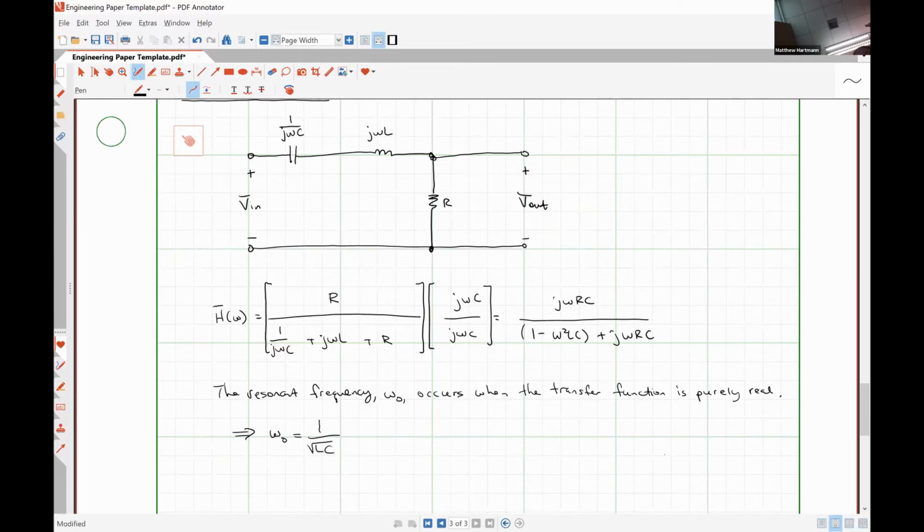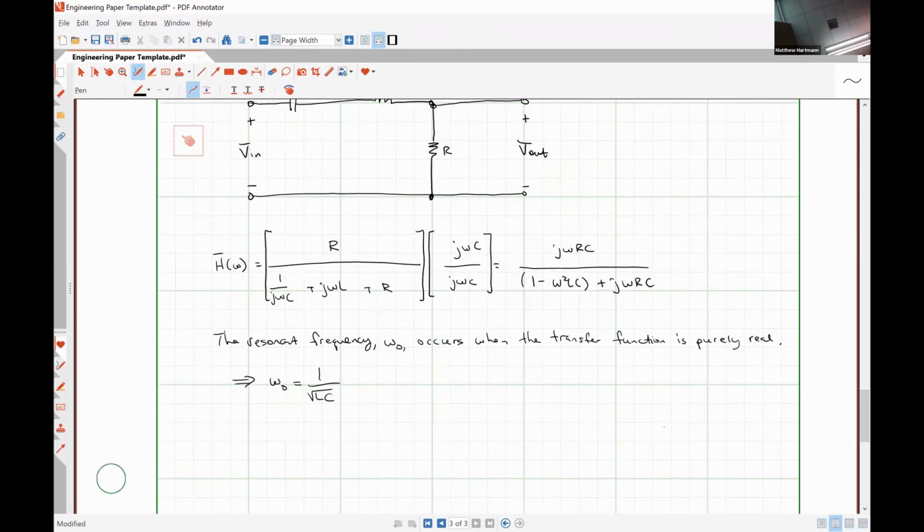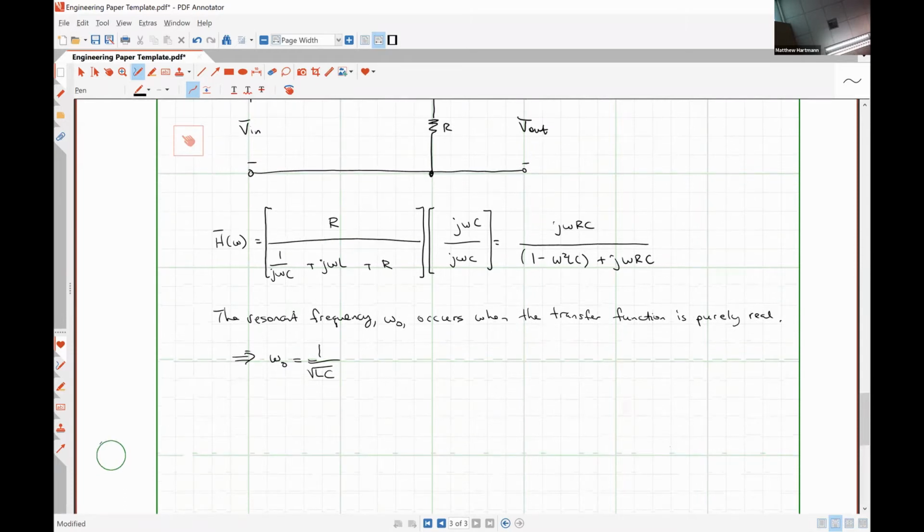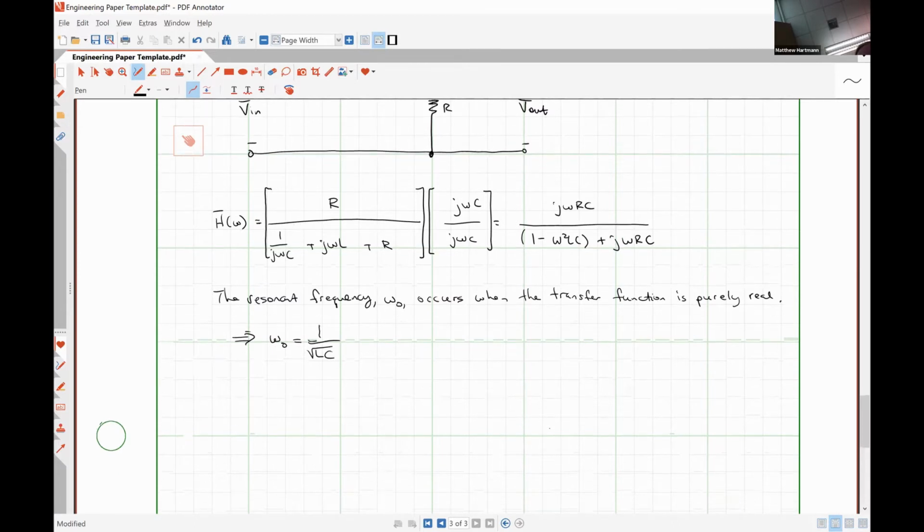All right, so we can play around with this transfer function H of omega and split it up into a rectangular form that we can use to determine both its magnitude and its phase angle.